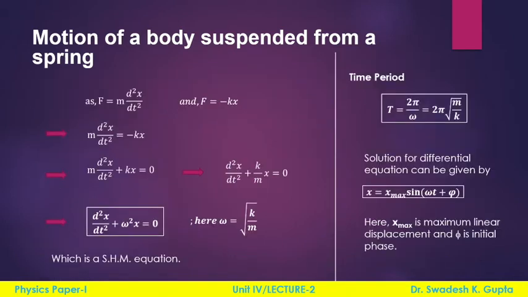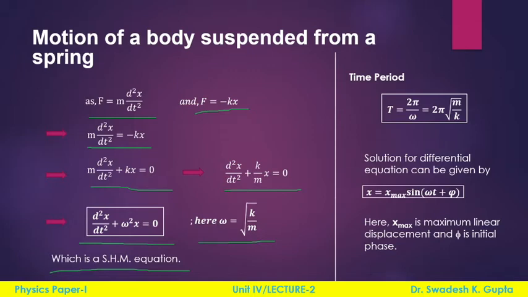Now as we already know, force is equal to mass into acceleration, and we already have this equation, so when we put both equal to each other, we get a differential equation which is the same as the simple harmonic motion equation, and the angular frequency will be here.